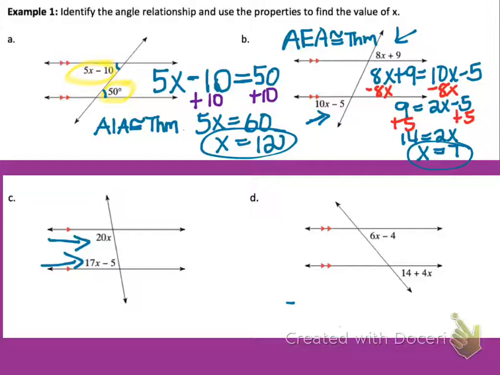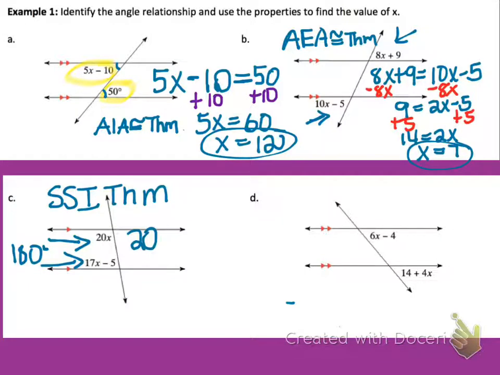So to say they're equal doesn't even make logical sense from the picture. But the other relationship that existed with these same side interiors is that they were supplementary, or they added up to 180 degrees together. So using the same side interiors theorem, we could say that these add up to 180 degrees.